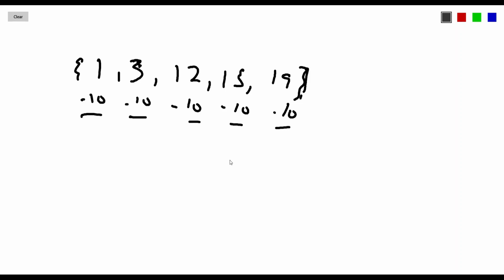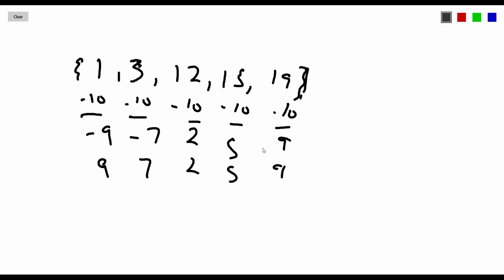Subtracting everything by the mean: -9 gives us 9. -7 gives us 7. 2 gives us 2. 5 gives us 5. 9 gives us 9.